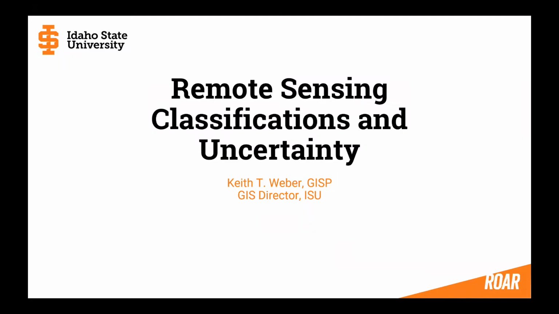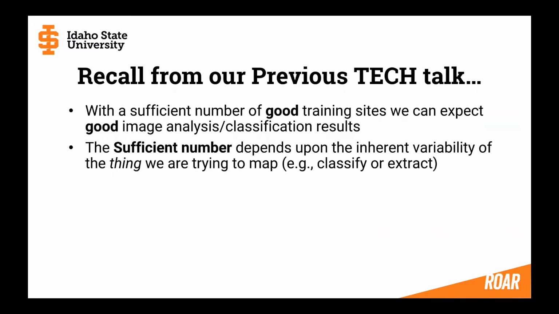And the topic today is remote sensing, classifications, and uncertainty. If you have watched or attended our previous tech talk, recall from that tech talk that whenever we have a sufficient number of good training sites, we can expect good image analysis or good classification results.